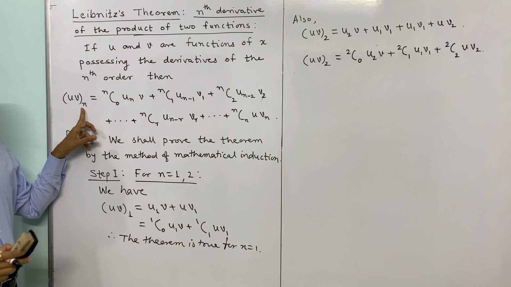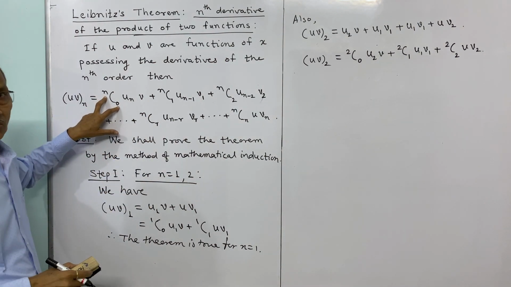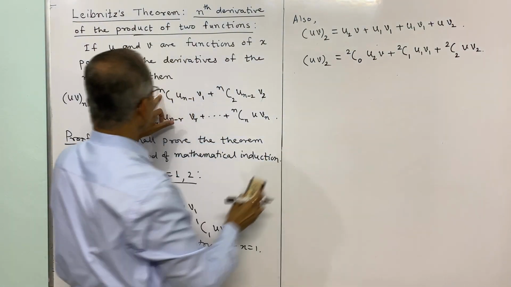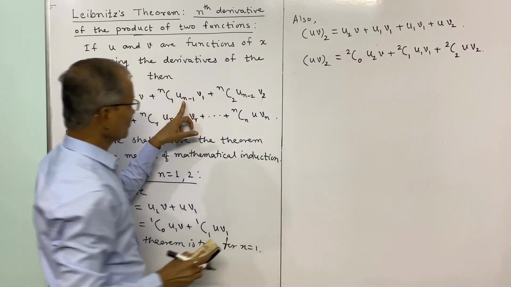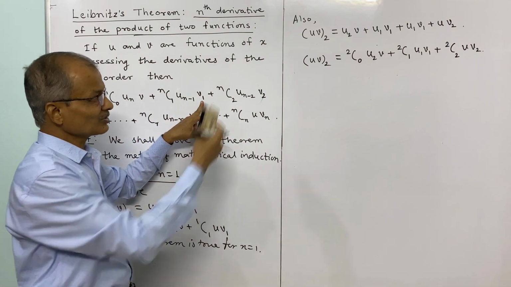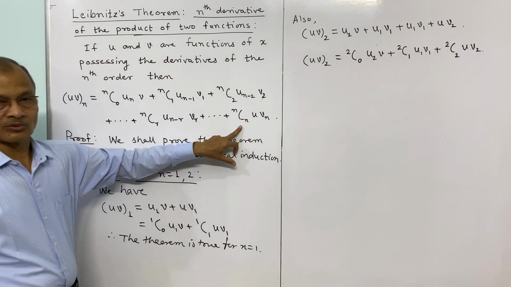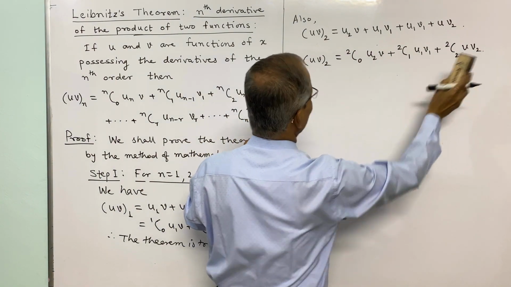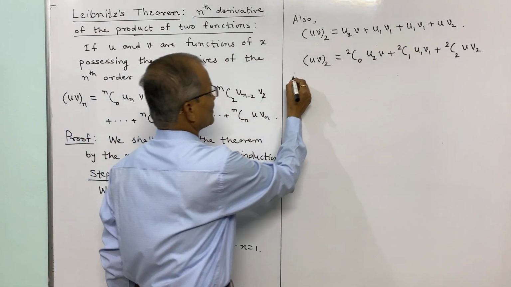Put n is equal to 2, and what is the first term? 2 choose 0, u2 v, plus 2 choose 1, u1 v1, 2 minus 1 is 1, and next, that is the last, 2 choose 2, u v2, and thus this shows that the theorem is true for n is equal to 2.